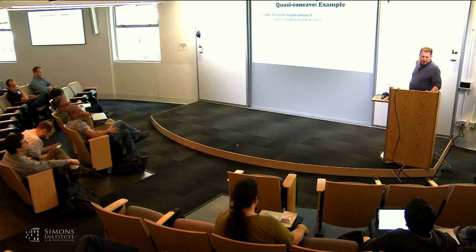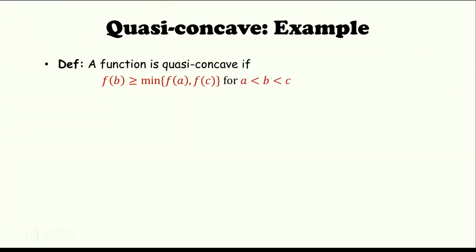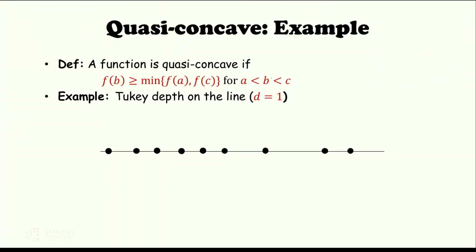So what I want to show is an example of a quasi-concave function, the Tukey depth, for the case d equals 1. So we have a point A, in this case its Tukey depth is 4.